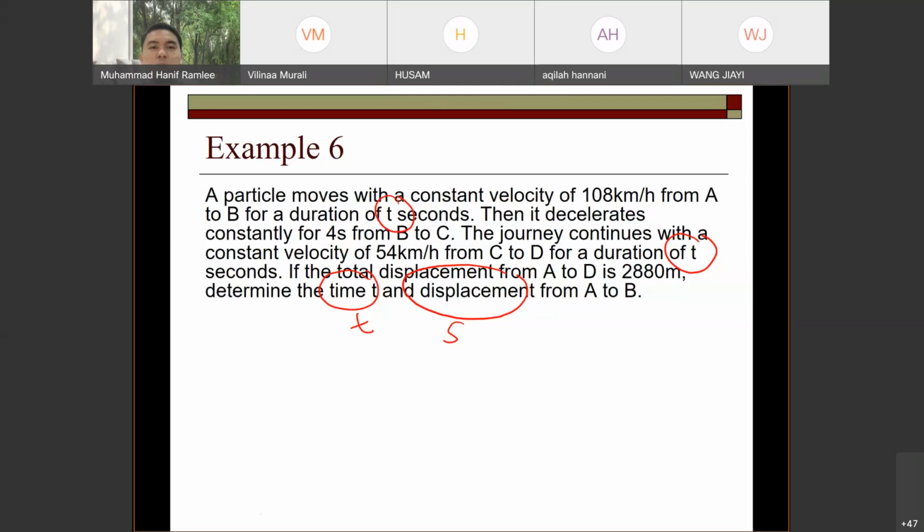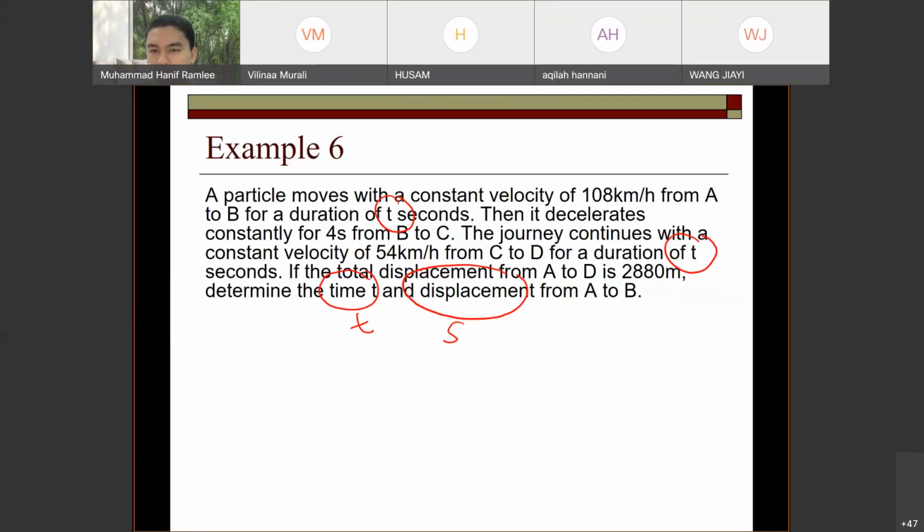The information is the velocity from A to B. Another clue is the velocity from B to C. And the last one is C to D, the velocity as well.